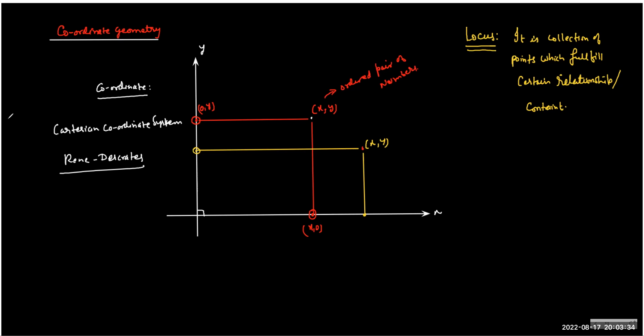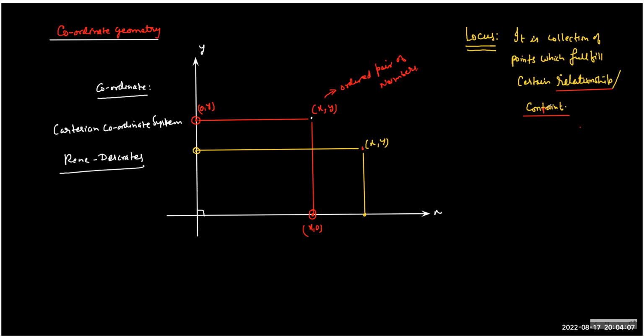So the biggest question is, if everything is a collection of points, then how do they differ from each other? What really makes them unique is the relationship which they follow, the constraint they follow.